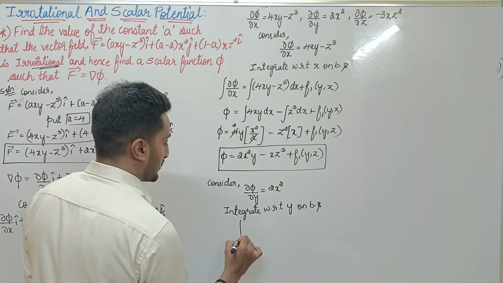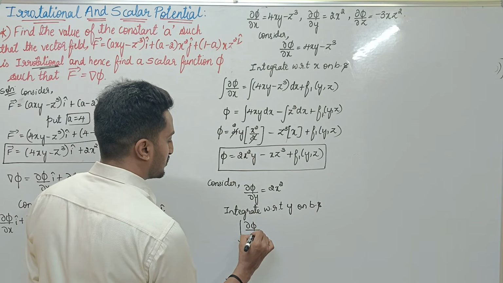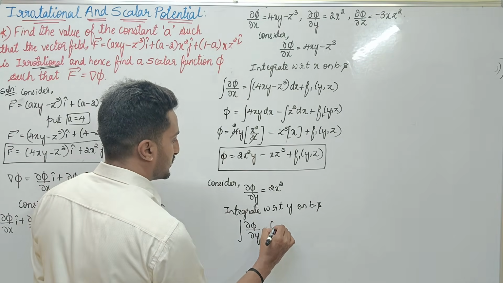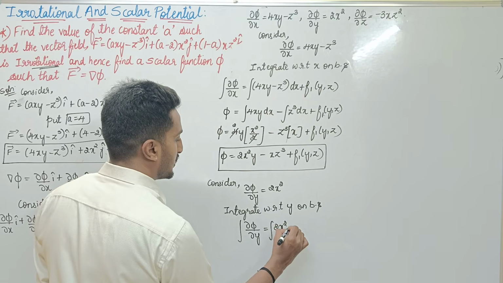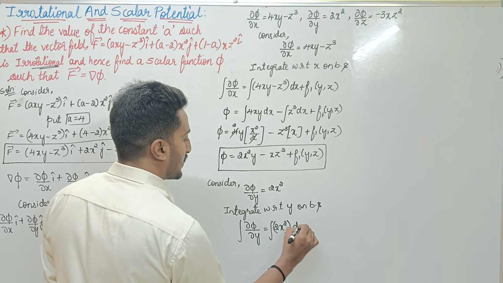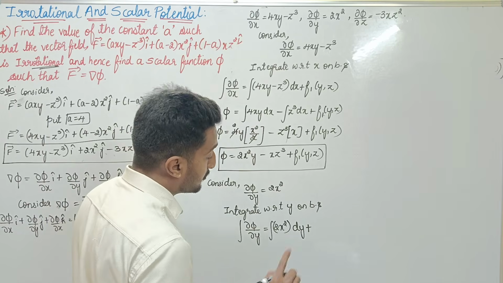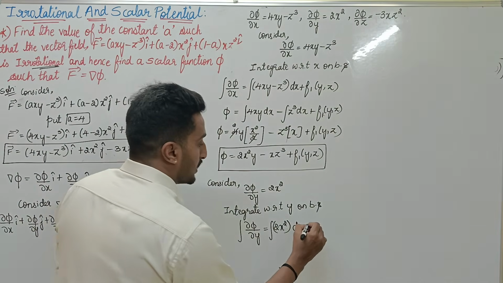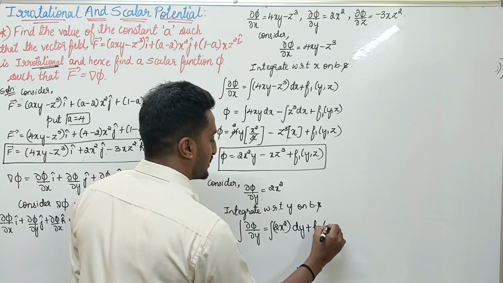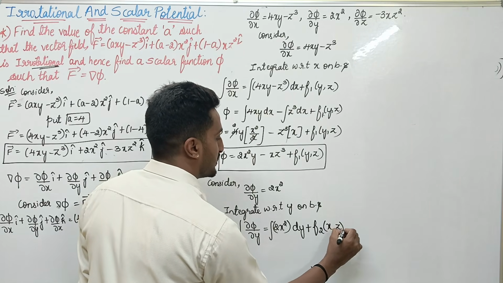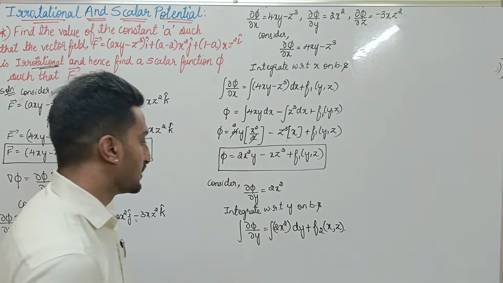You get integral of ∂φ/∂y equals integral of 2x square dy plus, now since I am integrating with respect to y, I consider the second function where x and z remain constant.